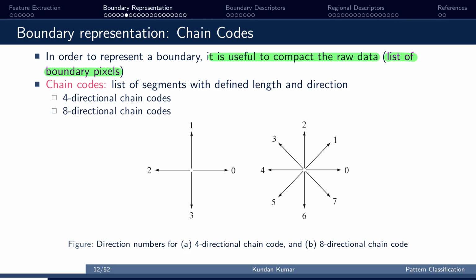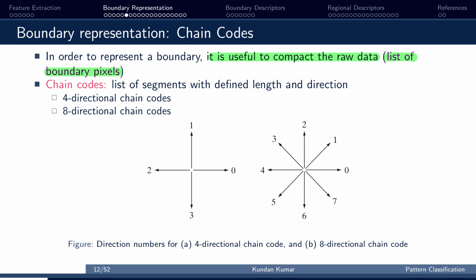Once we have the list of boundary pixels, we can represent it in a very compact manner so that it takes less space in memory and also it is easier to apply algorithms for further processing.